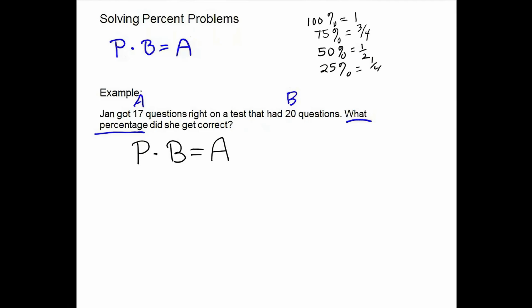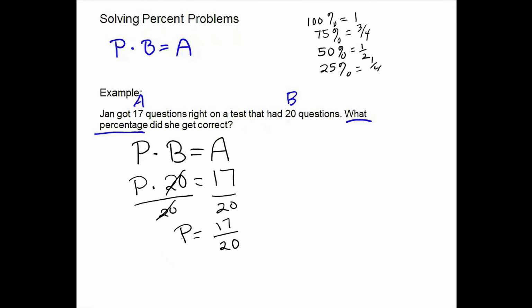And then we'll fill in and use the same problem. So the P we don't know. Our base or our total is 20 questions. The amount she got correct is 17. And now we're ready to solve. So we want to isolate our P, divide by 20. And again, we're doing a problem where we're solving for percent.